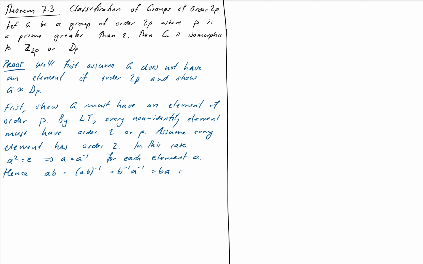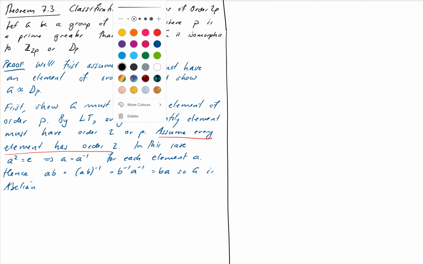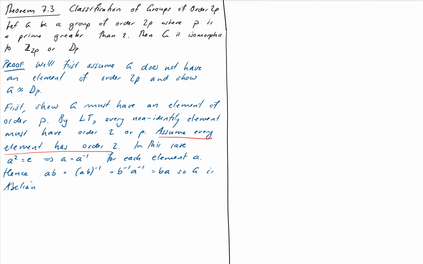So G is abelian. So remember, all of this is following from our assumption that every element has order 2. That's given us that every element is its own inverse, and therefore our group has to be abelian, which is a little bit of a surprise. Okay, so let's keep on going and see what we have.